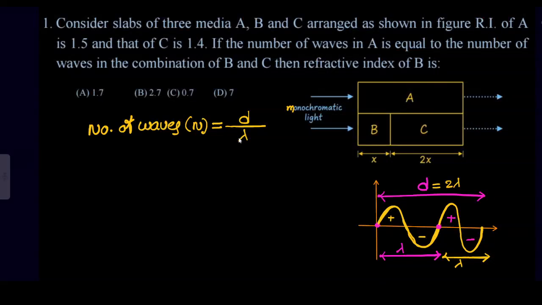Now look at this case. They have given that the number of waves in A equals the number of waves in the combination of B and C. If I call the number of waves in A as NA, which is equal to the number of waves in the combination of B and C, that is NB plus NC, isn't it?